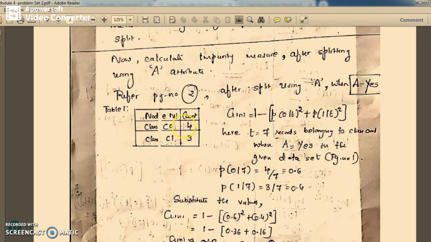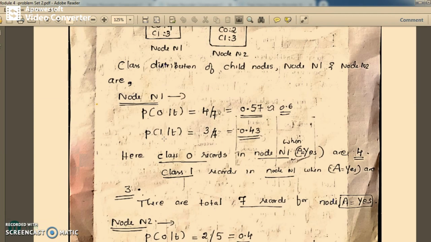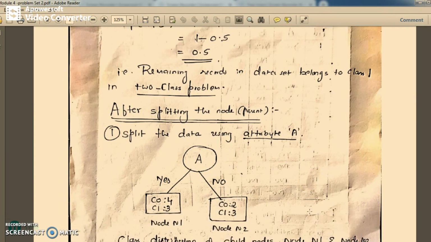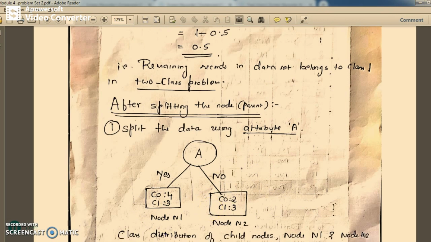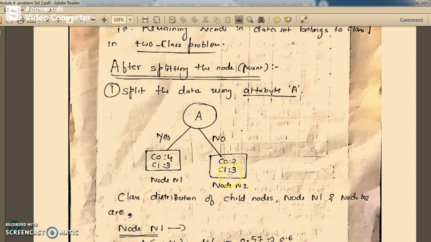So I've written again whatever we have computed earlier. After the splitting, you have chosen attribute A and we got node n1 and node n2 as the left and right leaf nodes. The same thing I have written in the form of a table.